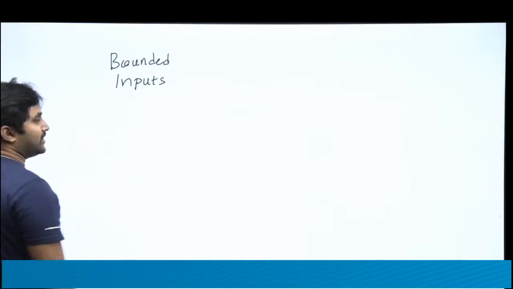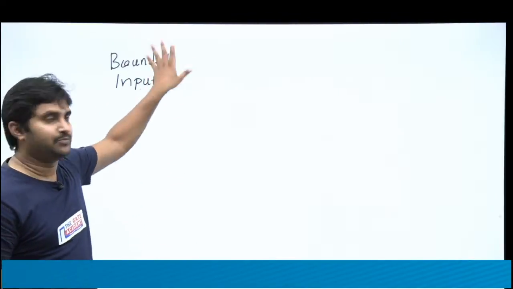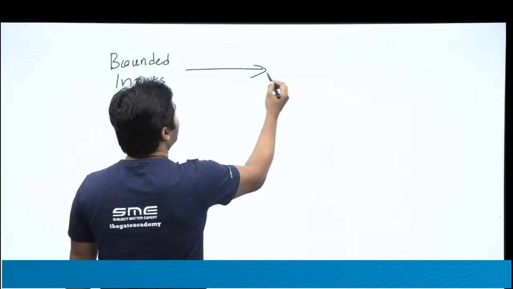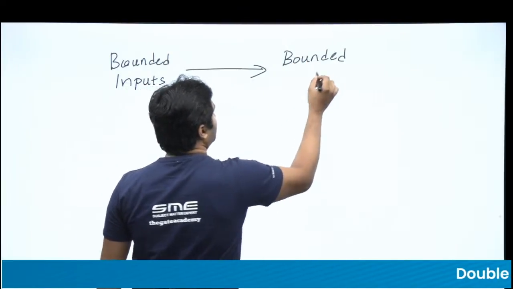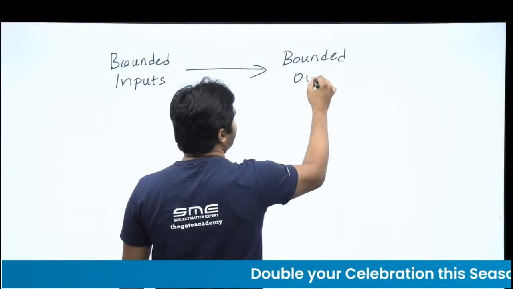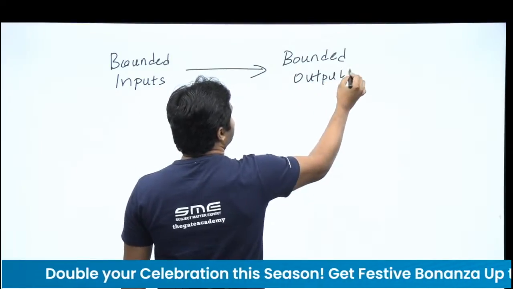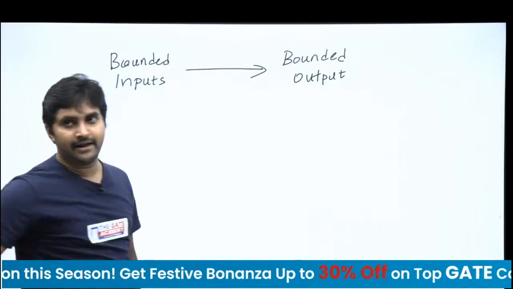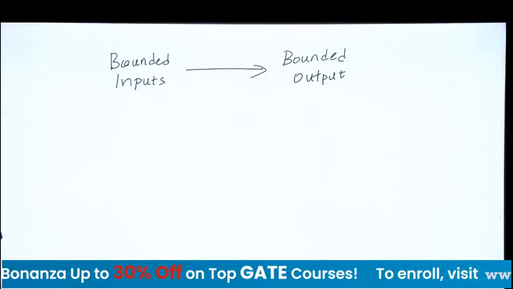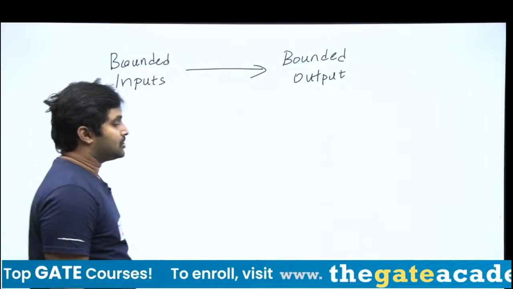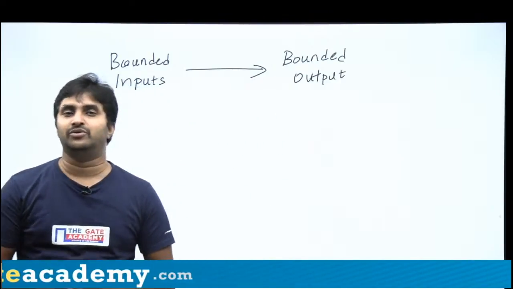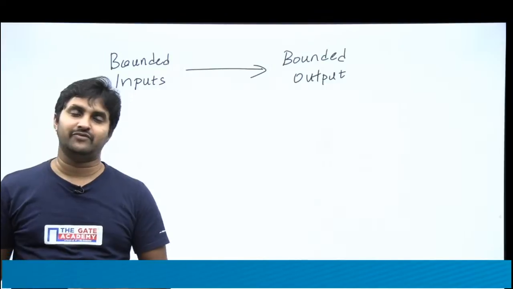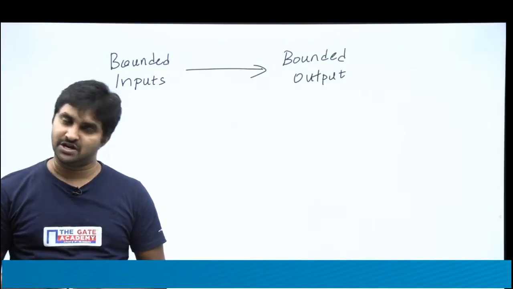You give a bounded input and you take a bounded output. Give and take. You give an input which is bounded, you will get an output which is bounded. So if a bounded input leads to a bounded output, then we call the system a stable system.